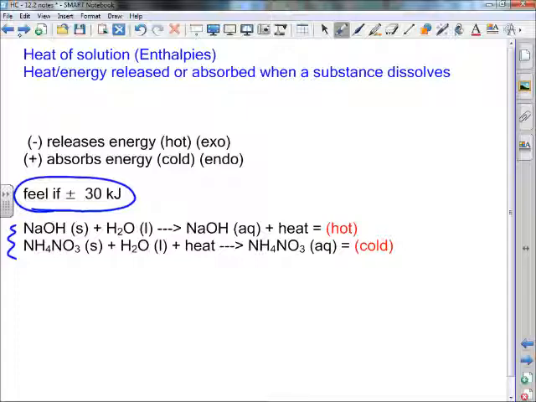The value for that is minus 44.51 kilojoules. And that's the other thing. It is going to be negative because negative means release. Okay? And then ammonium nitrate, as you can see, it is positive 25. So it's kind of right on that verge of that 25 to 30. Sometimes we can feel it, sometimes we can't.